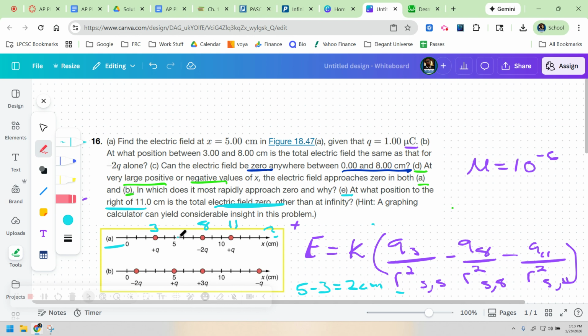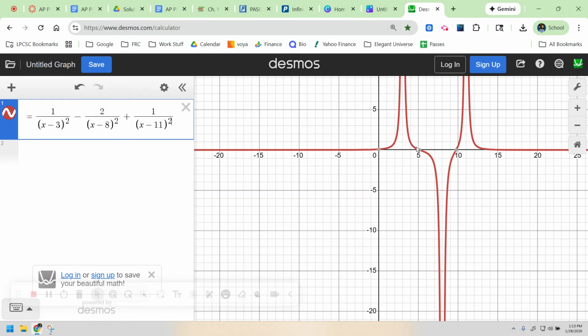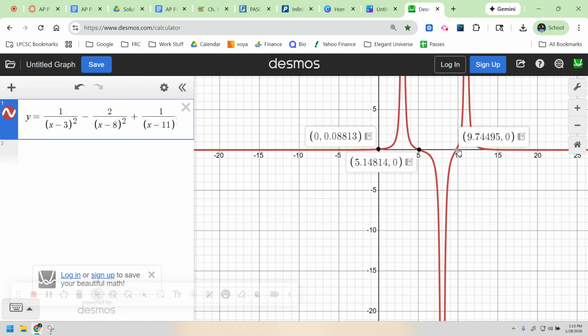So it's saying somewhere at 5.1, the electric field equals 0. But it's asking us to the right, so it's got to live somewhere over here. So my x value has to be greater than 11. This is a 0 for sure, and this is a 0 for sure.